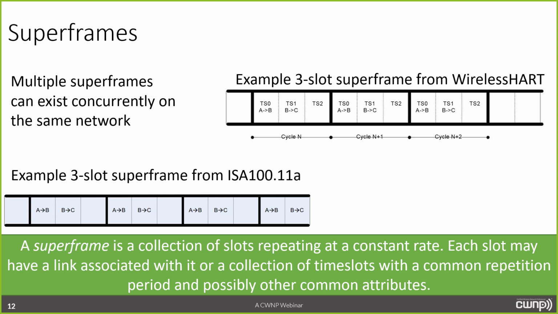And by the way, just generically, since I've used the term a lot, a time slot is the amount of time required to send or receive one frame and an accompanying acknowledgement, including all time gaps that may be required between frames. So how long is a time slot? It's the amount of time required to send or receive one frame and an acknowledgement. That's how long a time slot is.